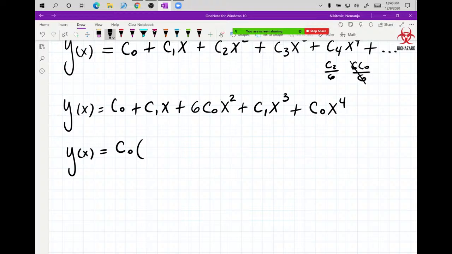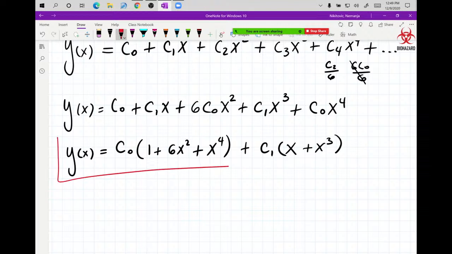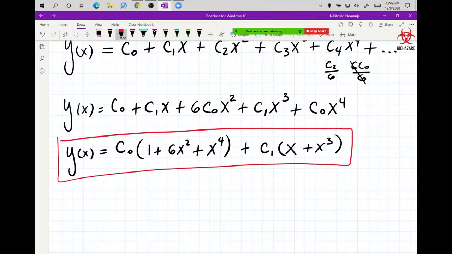So C0 gives me a 1 plus 6x squared plus x to the fourth, and then plus C1 will give me x plus x cubed. Box this and walk away. There we go. Wow. Exactly at 12:50.